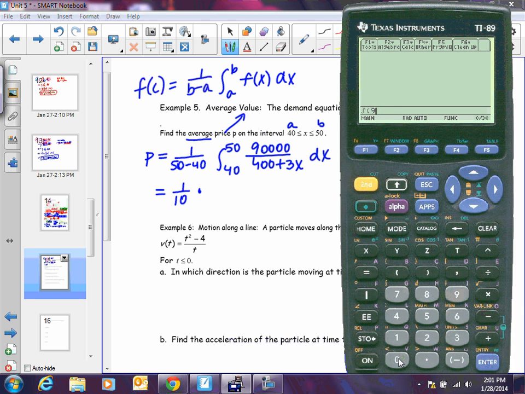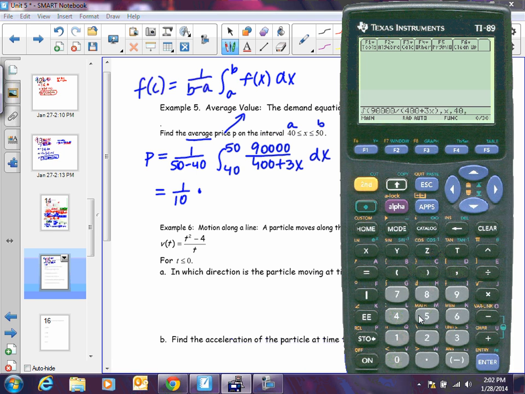Okay, so 90,000 divided by, and you need to put that denominator in parentheses, and if I just did comma x, close parentheses, that would give you the integration expression, but then you'd have to plug in 50 and 40 and subtract and all that. Your calculator will do the bounds for you.